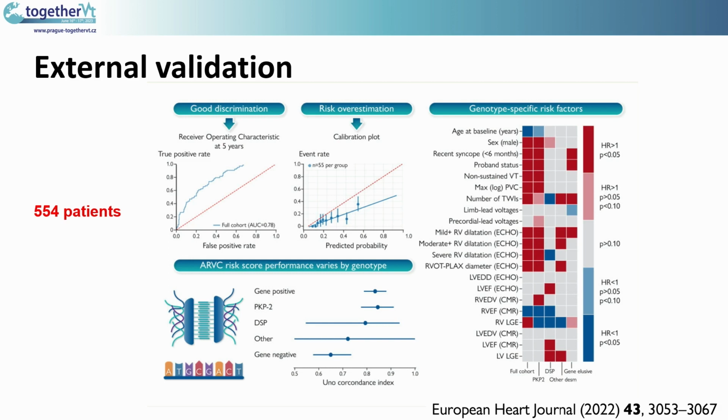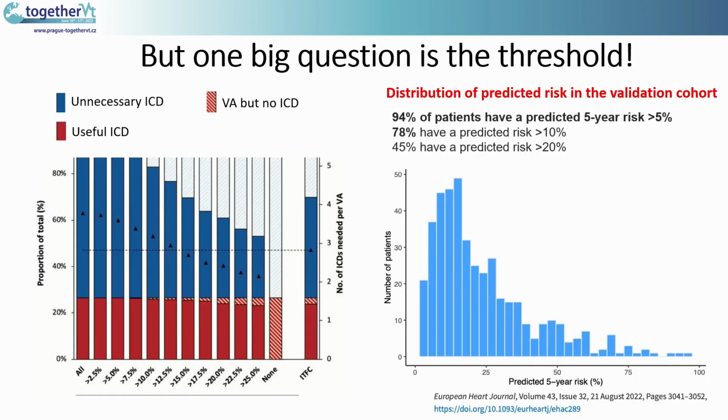And you can see that the risk factors were different between patients with PKP2 mutation and patients with other genes or without any gene identified. So probably the genetic background is very important for risk stratification.